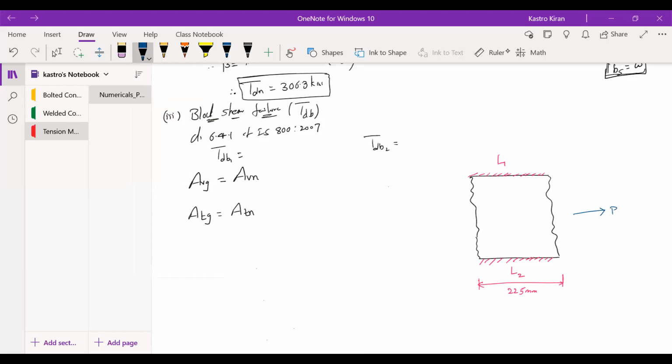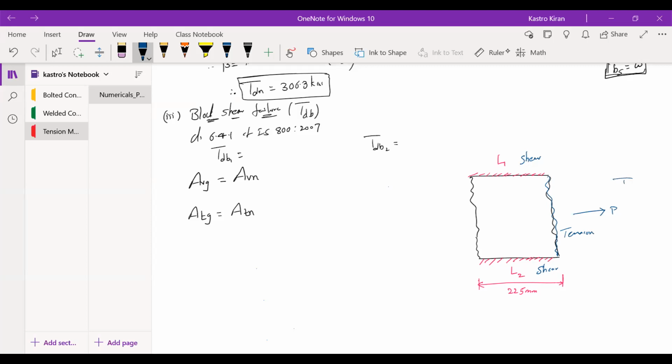So these will be in shear, and the bottom portion will also be in shear, and the portion towards the face of the load will be in tension, right? That's how welded connections behave. So the top area and the bottom area will be in shear, that we know, and the face on which the load is applied will be in tension.